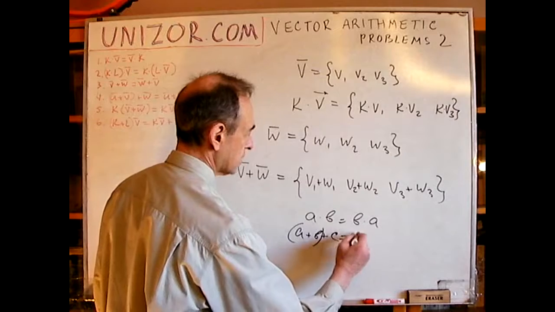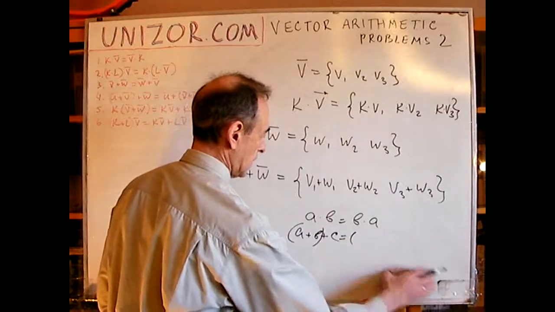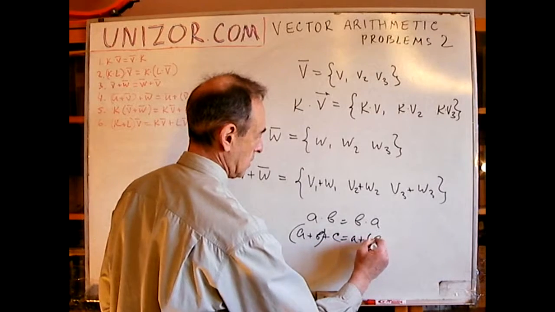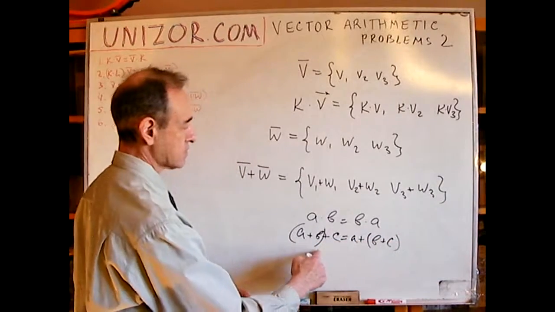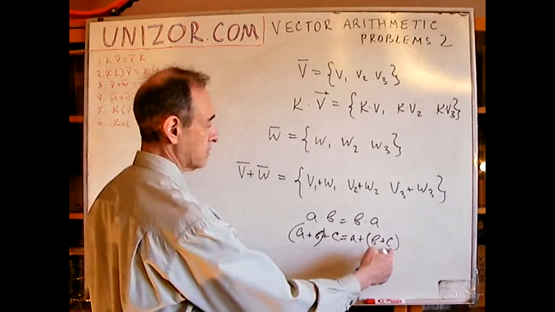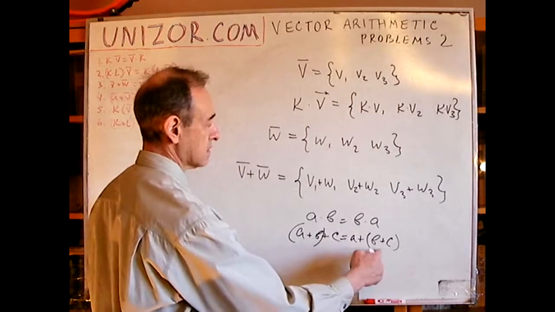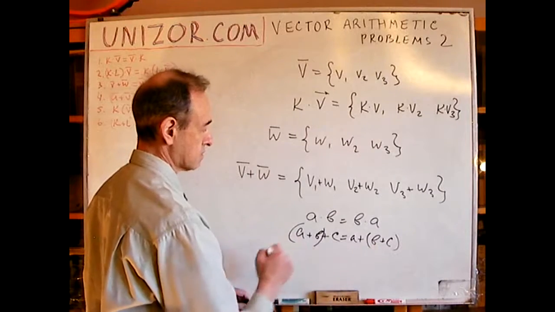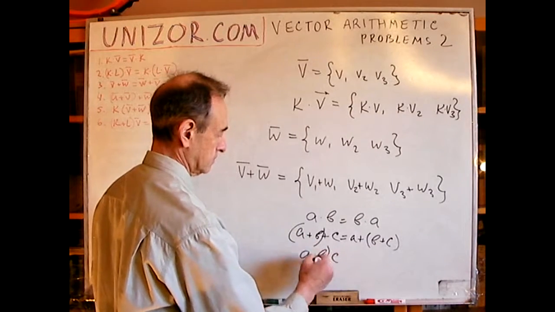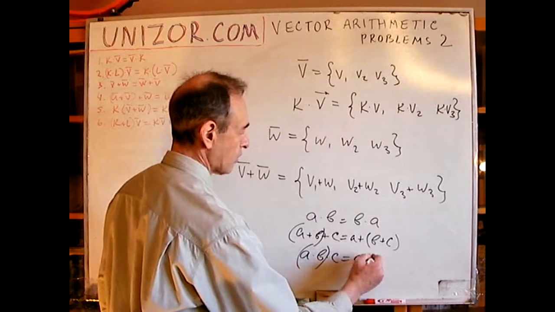You can put the parentheses any way you would like. First you add A and B and then add C to the result, or you add B and C and add the result of this to A. Same thing with multiplication. You can multiply it this way, or you can multiply it this way.